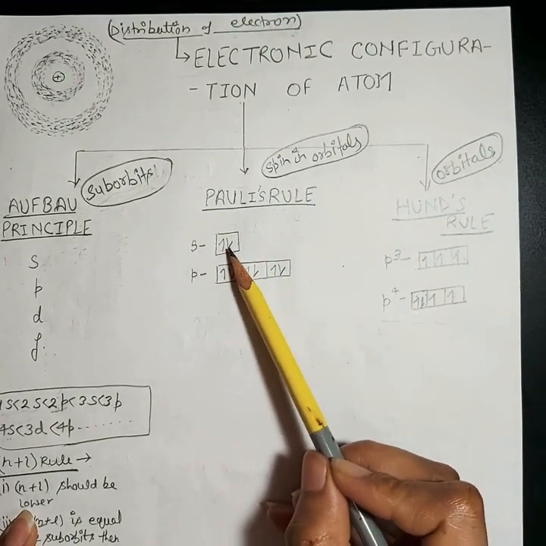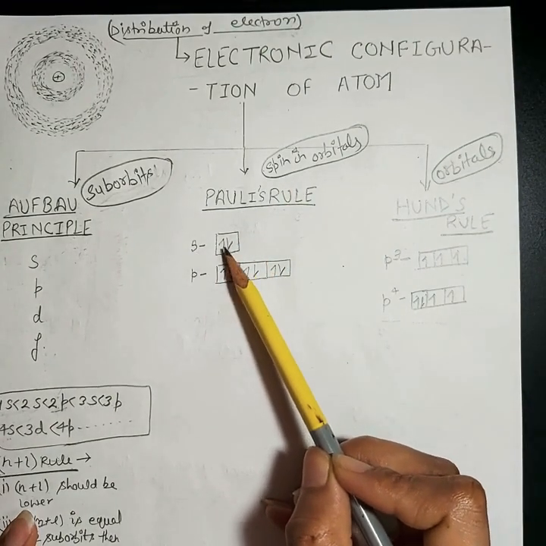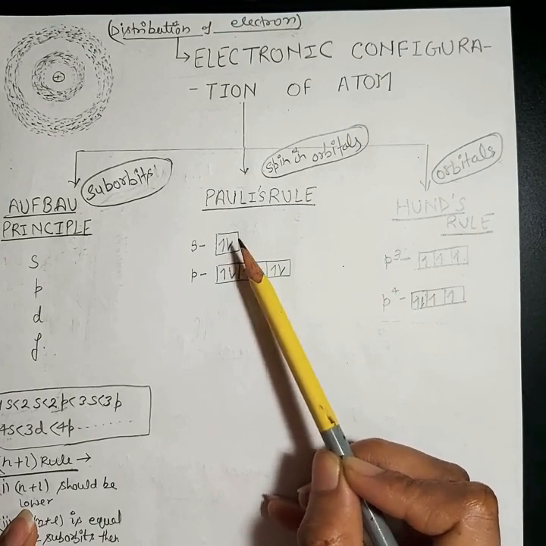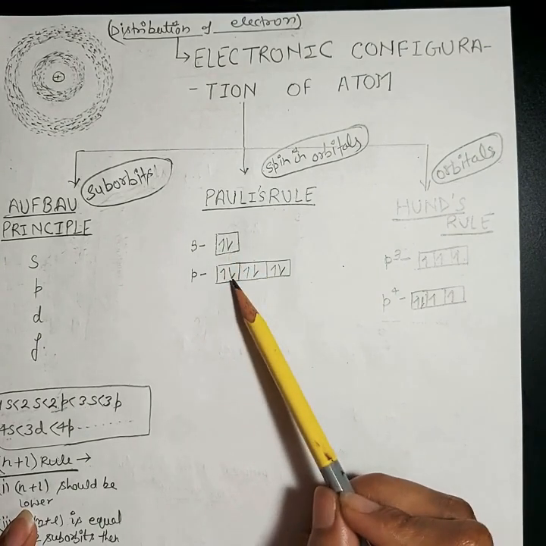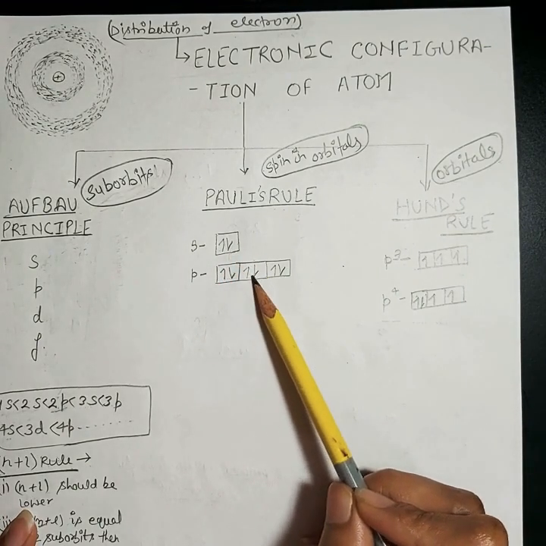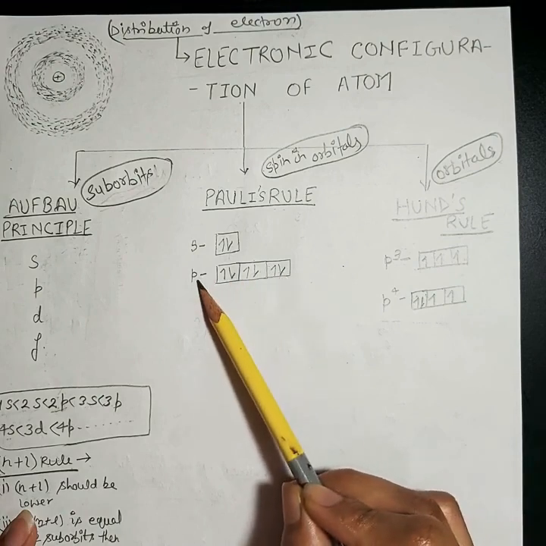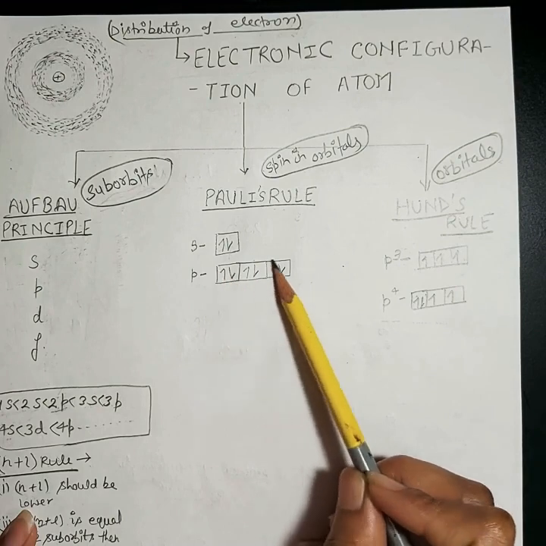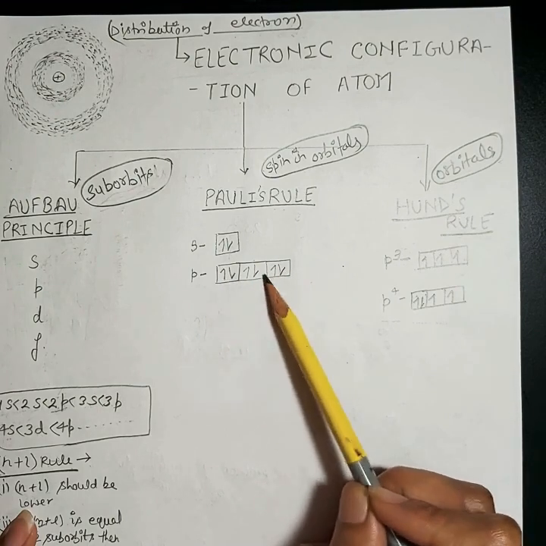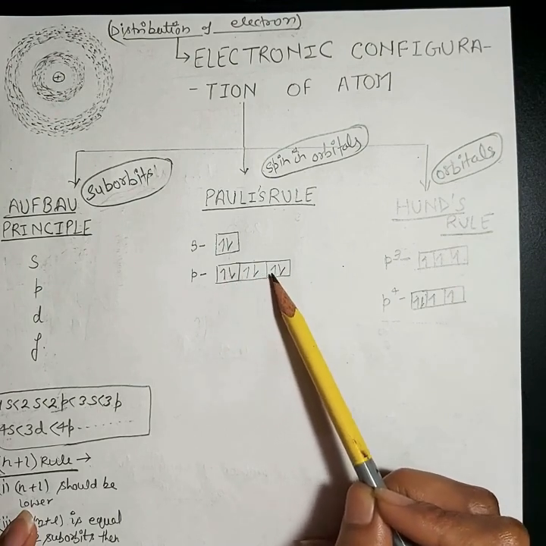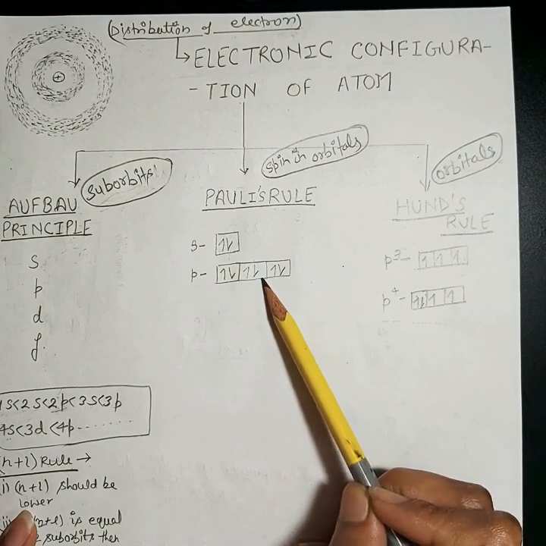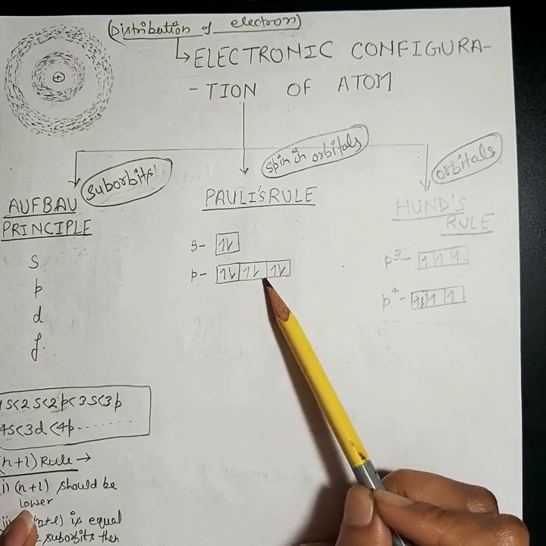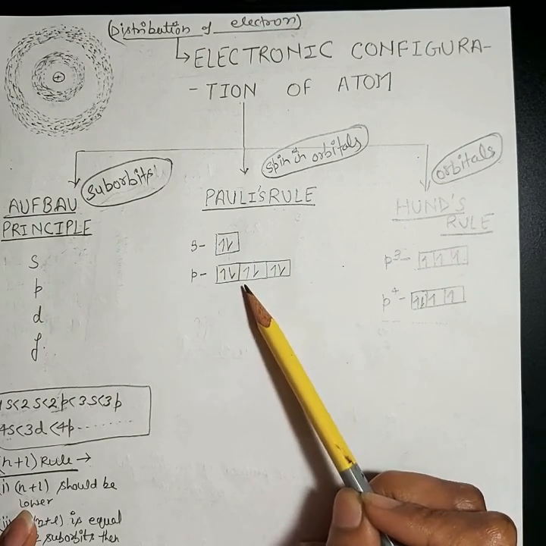Like s has two electrons, but the spins of the two electrons are different, as you can see. And for p, as you can see, I have filled 6 electrons in the p subshell. In this case too, all the electrons show different spin. Half the electrons show clockwise spin and the remaining electrons show anti-clockwise spin.